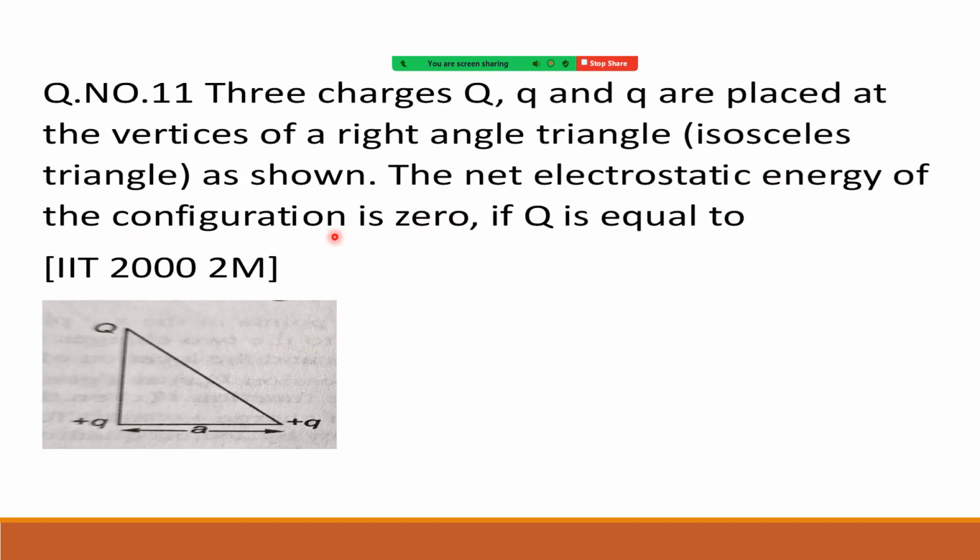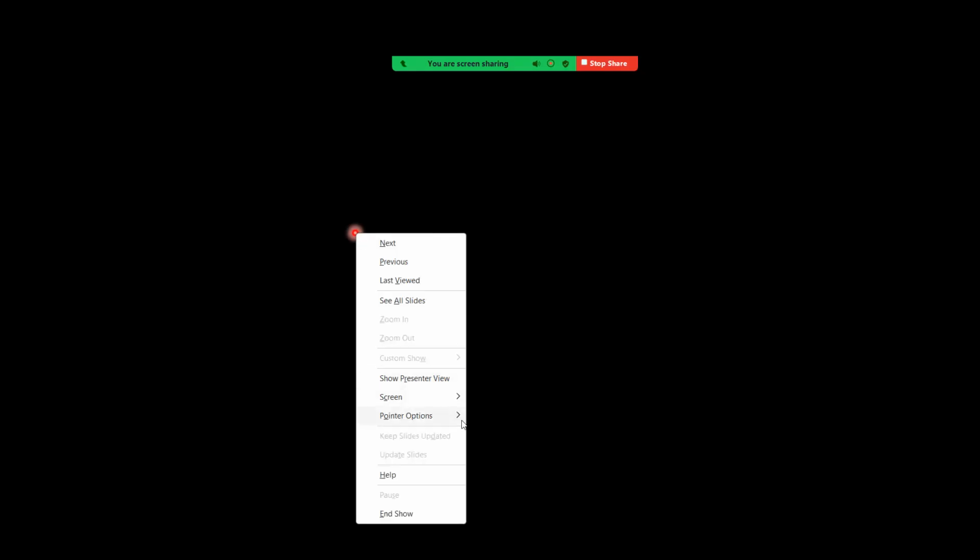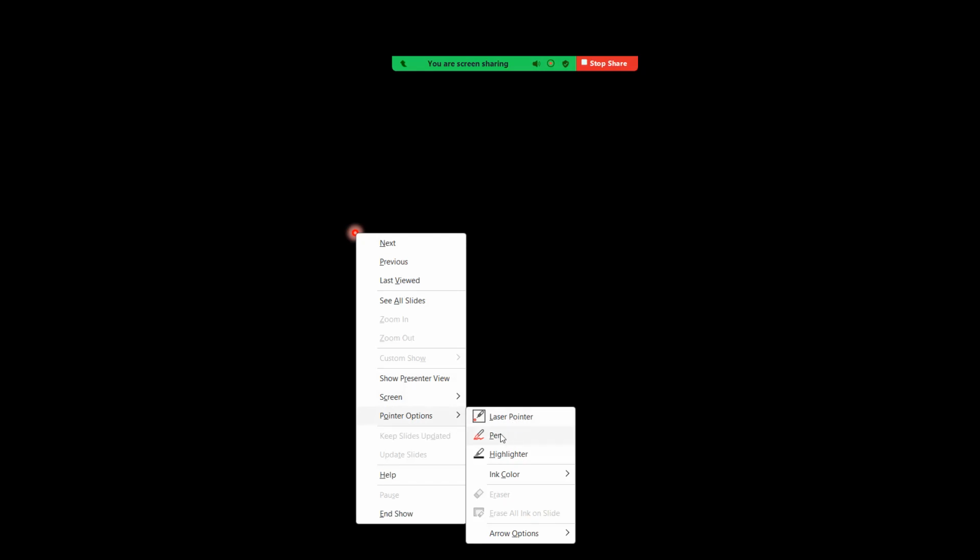Now see carefully how we are going to solve it.